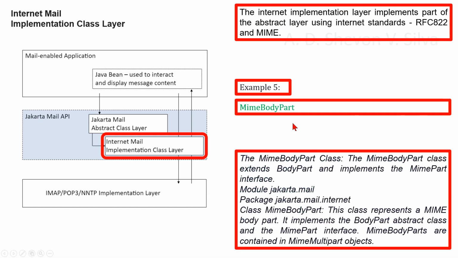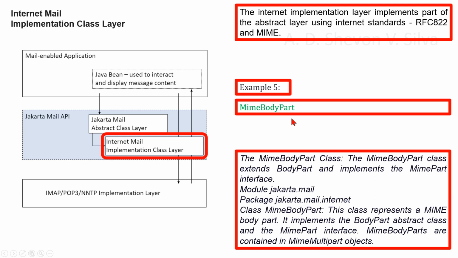Now we are considering the MimeBodyPart class. The MimeBodyPart class extends BodyPart and implements the MimePart interface. The class MimeBodyPart is in package jakarta.mail.internet in module jakarta.mail. This class represents a MIME body part. It implements the BodyPart abstract class and the MimePart interface.